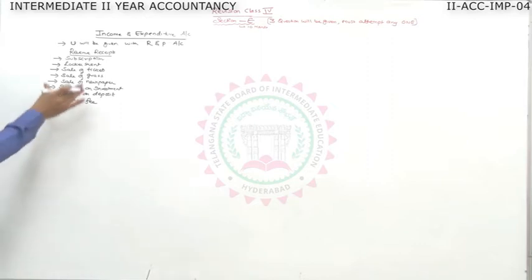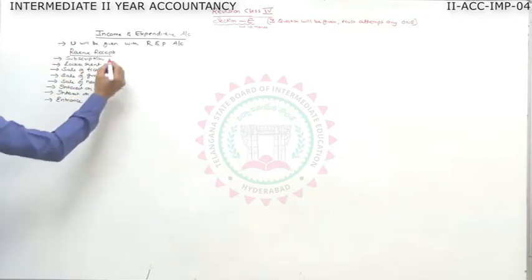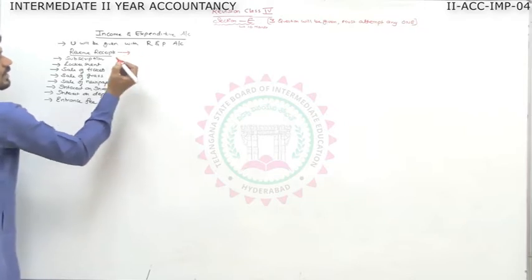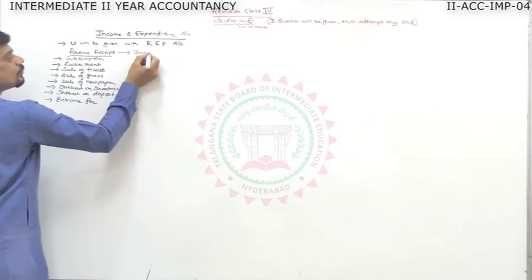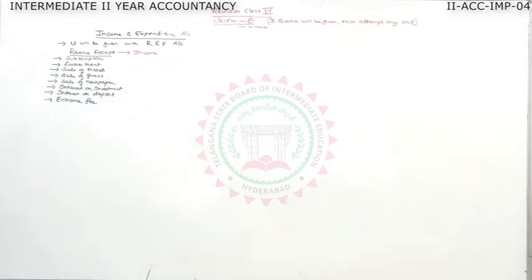Now, having identified the revenue receipts, what should we do? You will pick up these revenue receipts, and these are going to become your income. And where are we going to show it?